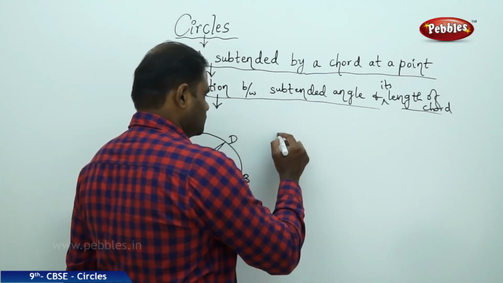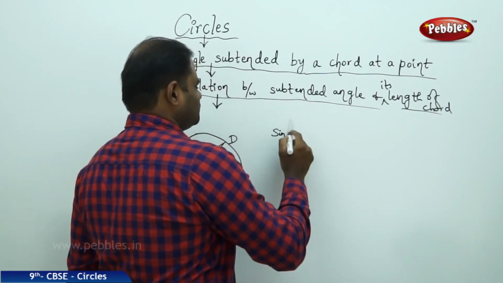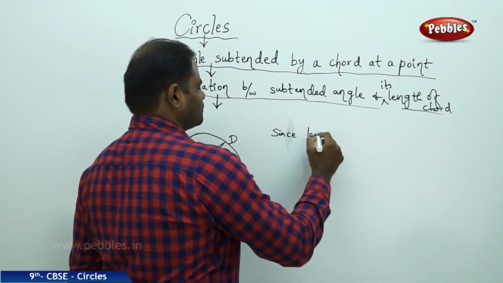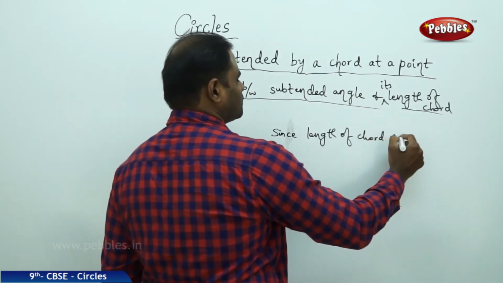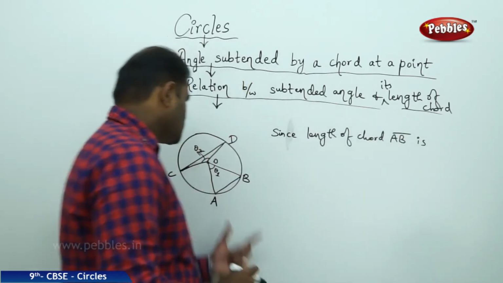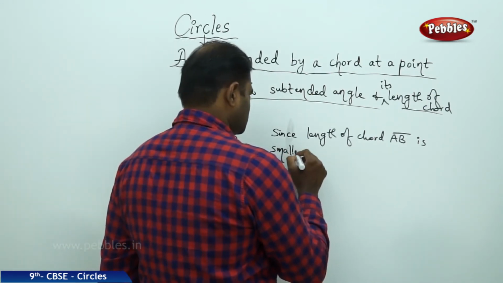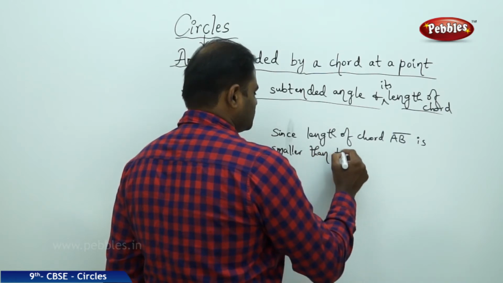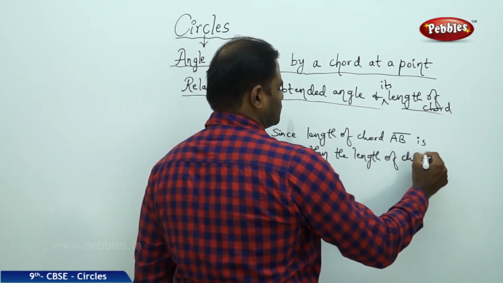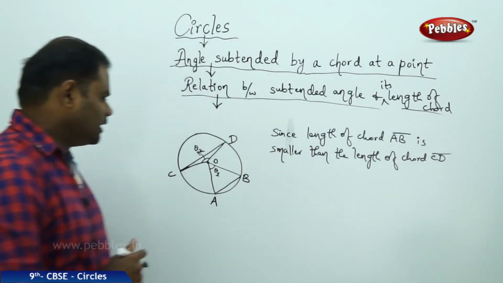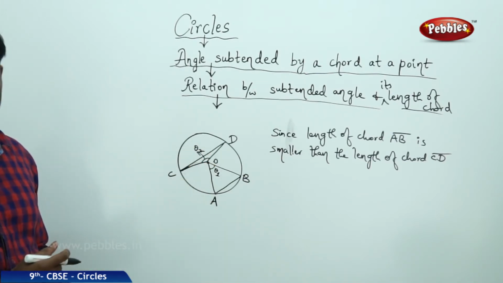So here, since length of chord AB is smaller than the length of chord CD, I clearly see that this makes a smaller angle and this makes a bigger angle.